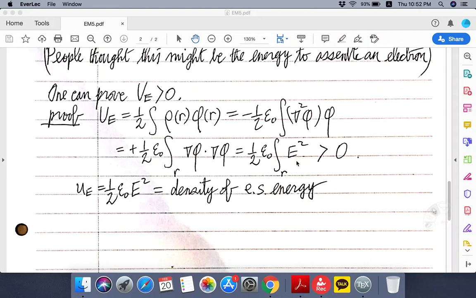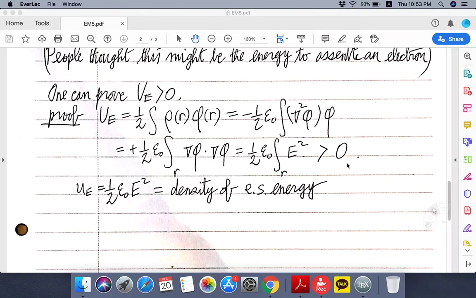So the electrostatic self-energy turns out to be equal to some numerical factor times the electric field squared integrated over all space. And since you're integrating something which is definitely positive or at least non-negative, then the integral must also be positive.